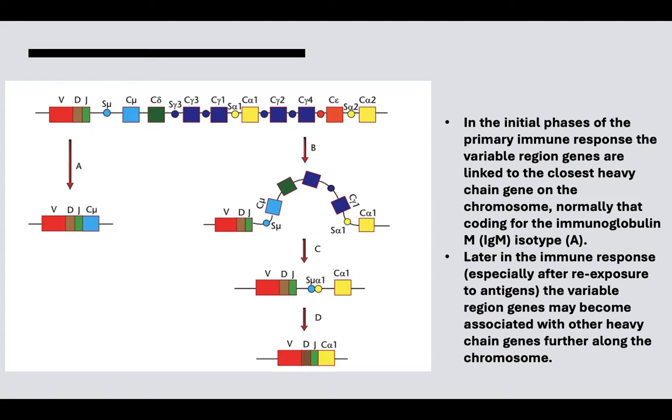Later in the immune response, specifically after re-exposure, usually following initial clearance, if re-exposure happens, the variable region genes will become associated with other heavy chain genes farther away on the chromosome.